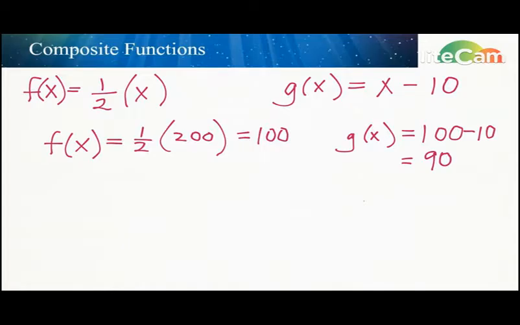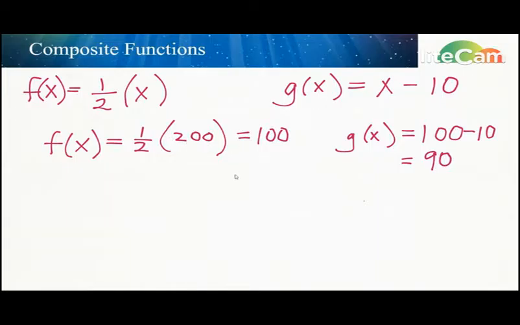Okay, so if you notice, we actually took a function, and after we got the answer from one function, we put it into the next function. That's what a composite function is. Remember that a function by itself is taking an x value, plugging it into the expression, and finding your y value.